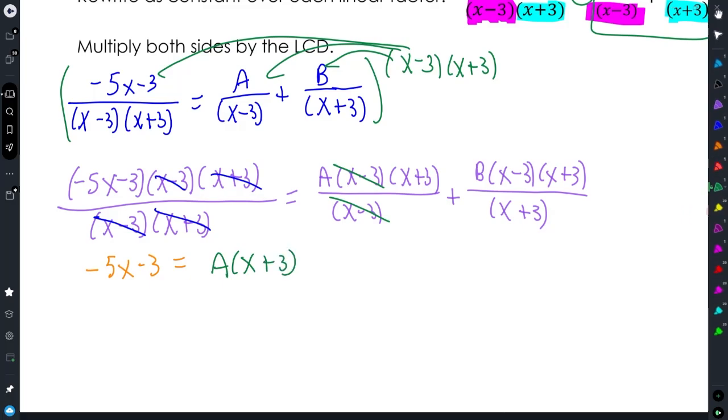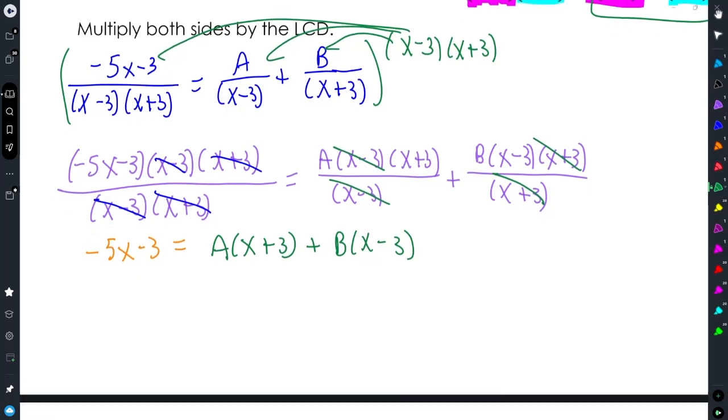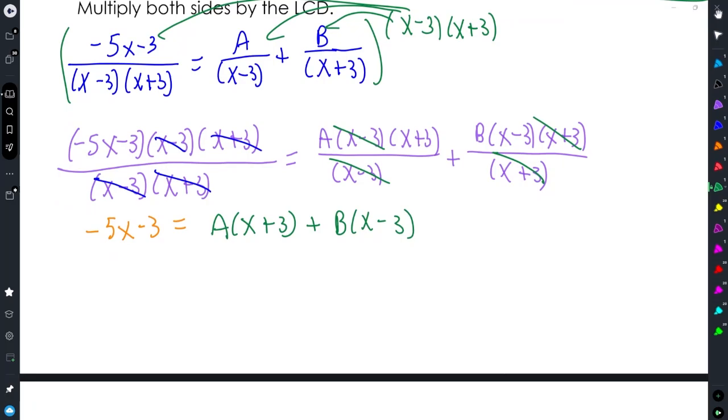And for the b, the x plus 3's cancel, so b times x minus 3. Now, at this point, you may be tempted to distribute the a and b, but we're not going to do that because we need to figure out what a and b are.